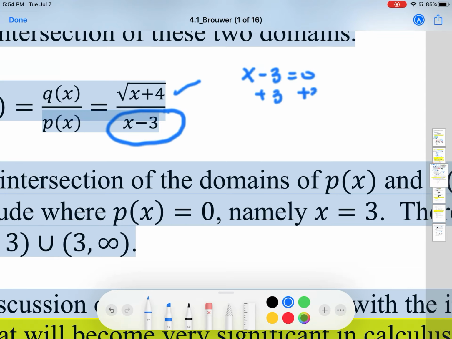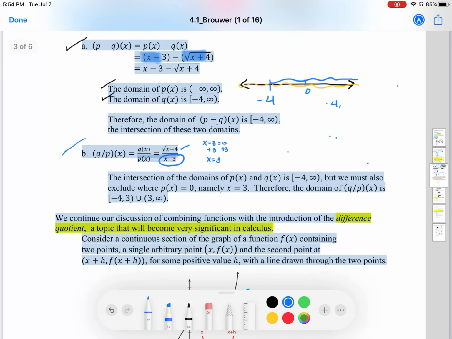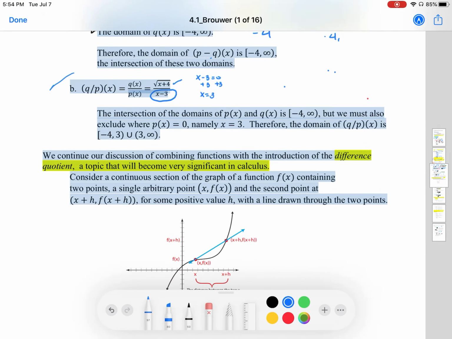We add 3 to both sides. We get that x is equal to 3. So that's another domain I have to consider. The intersection of domains for P and Q is -4 to infinity. We must also exclude where our denominator equals 0, namely x equals 3. Therefore, our answer is -4 to 3 and 3 to infinity.